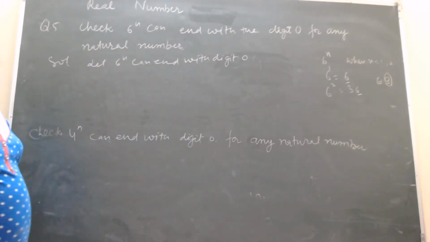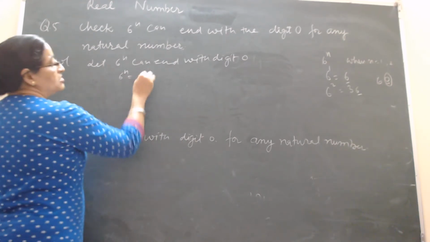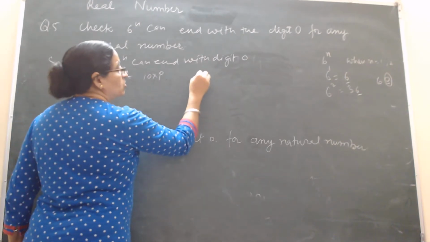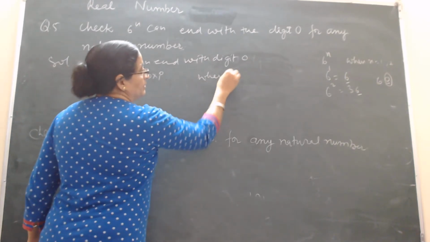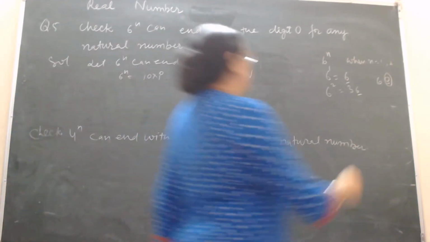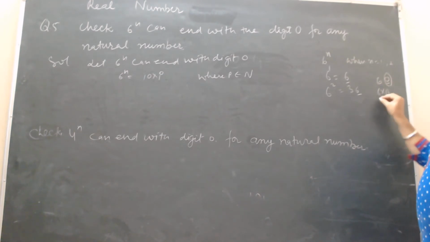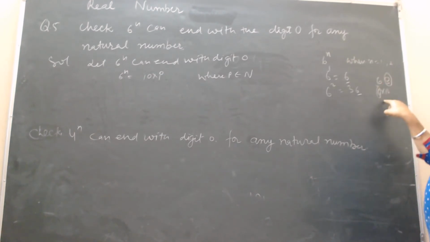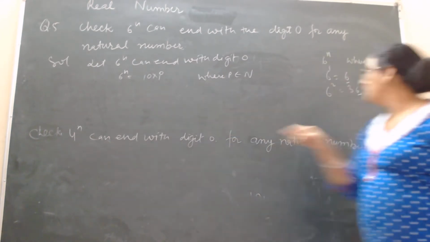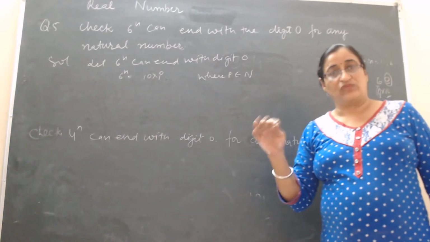If so, then we can write 6 raised to power n is equal to 10 multiplied by p, where p belongs to natural numbers. Here, if we take the number 60, that means 6 multiplied by 10, where 10 is this number and p is 6. So the number is of this type.